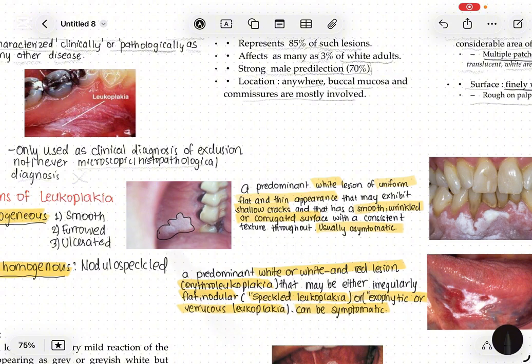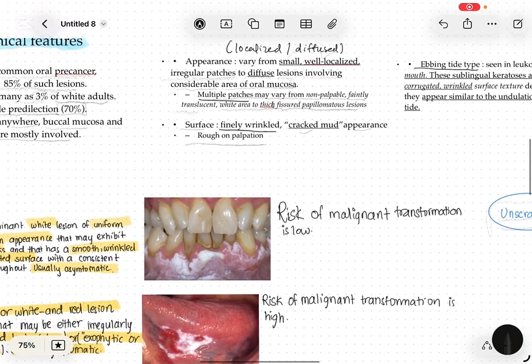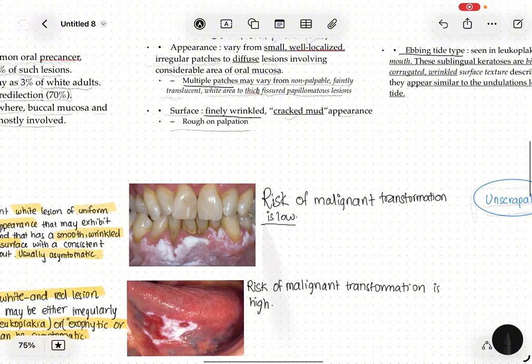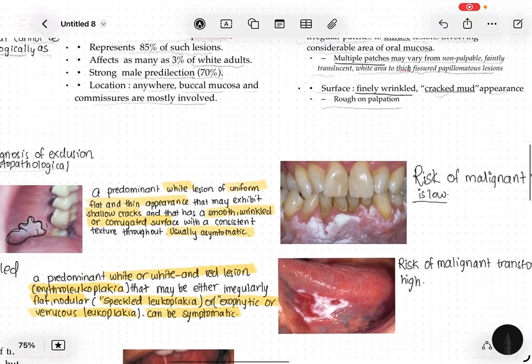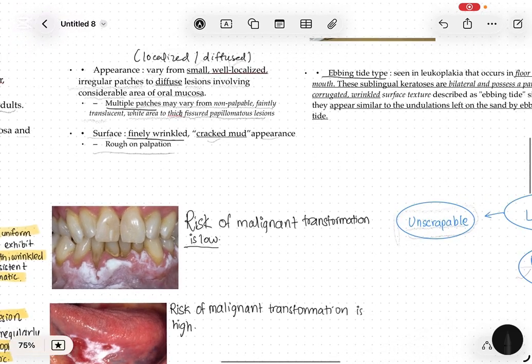This is what is meant by a corrugated or wrinkled surface, and it is usually asymptomatic. Since it is asymptomatic and superficial, the risk of malignant transformation is very low.